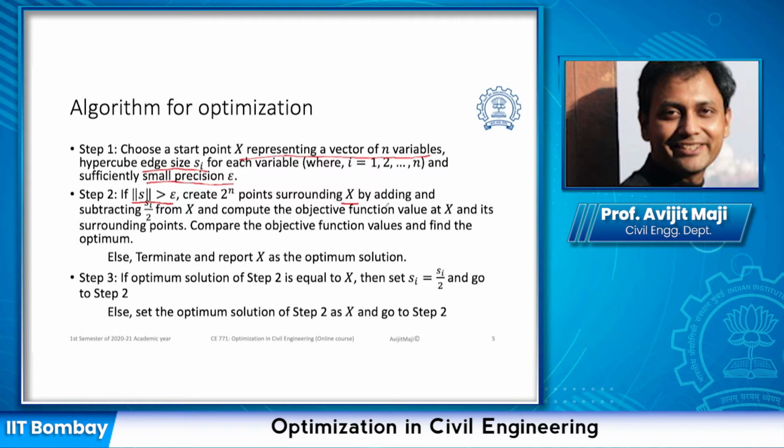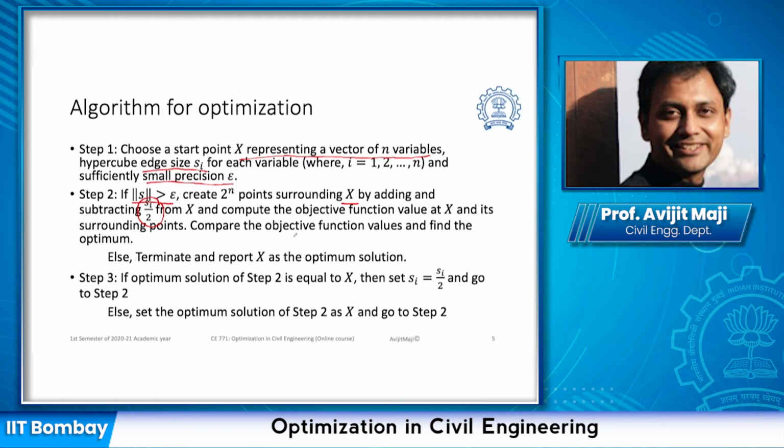And this is done by adding or subtracting half of the edge size from the x point. Once we do that, we compute the objective function values at those corner points and compare them to find out the best possible point.